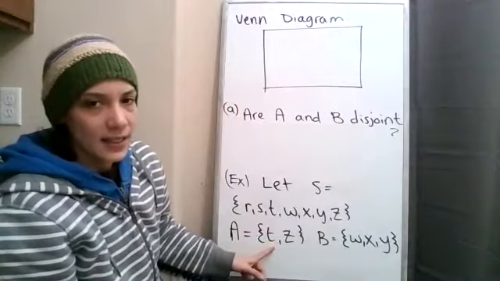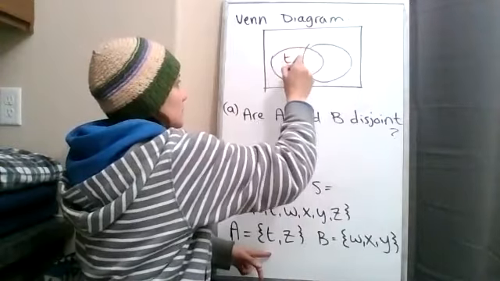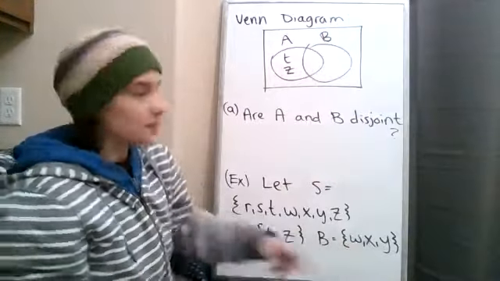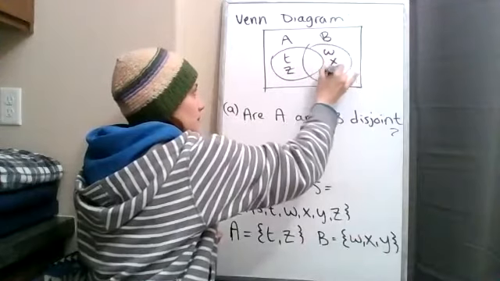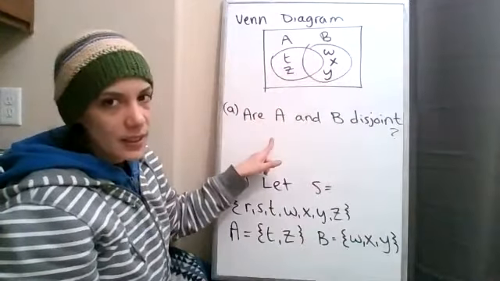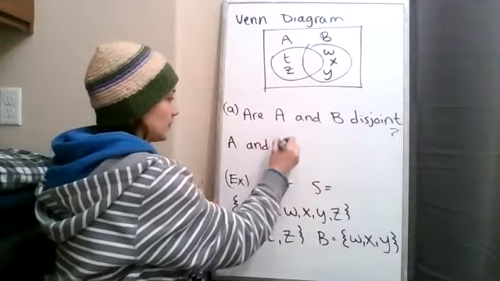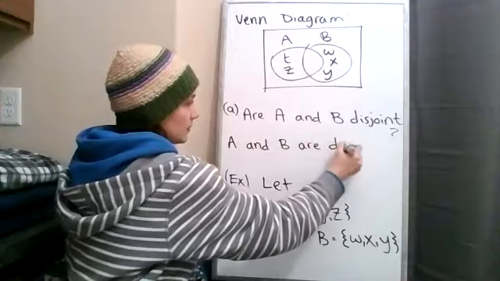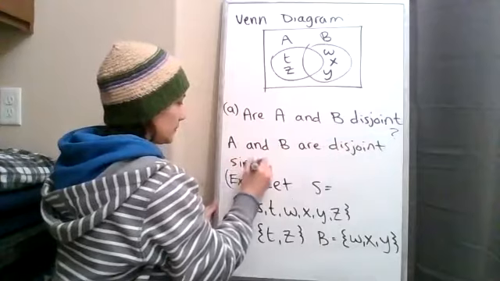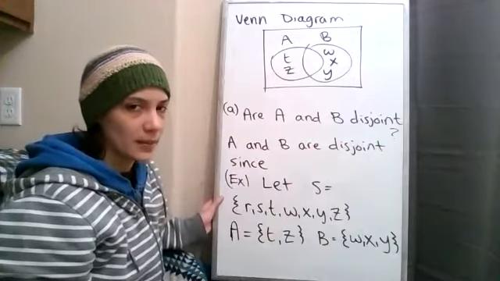So A contains T and Z. B has WXY. And there are no common elements. They are disjoint. A and B are disjoint. I like to say, since they share no common elements.